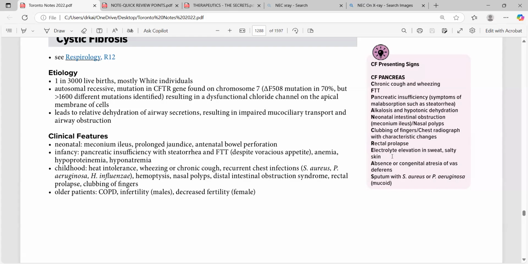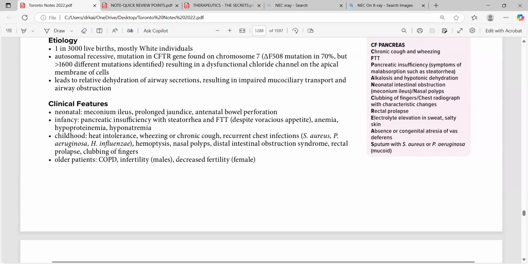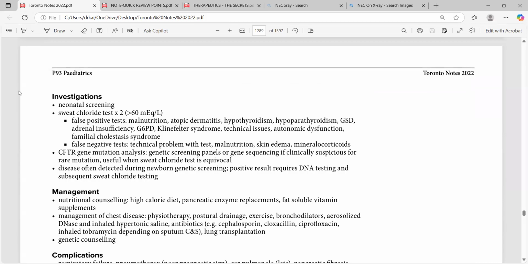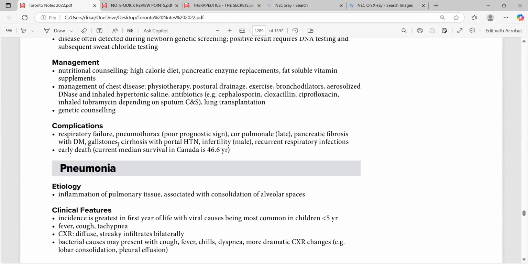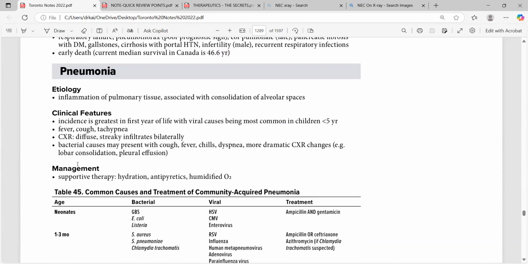In those cases, you can think of cystic fibrosis, a simple diagnosis. In older people, they like to ask that it can cause decreased fertility. Usually many of these diseases have already been screened in the neonatal screening, so that's why we are not going for that one. Investigations: sweat chloride test, CFTR gene. Management: mainly nutrition counseling, where you give a high caloric diet and pancreatic enzymes. Respiratory failure and pneumothorax could be there.